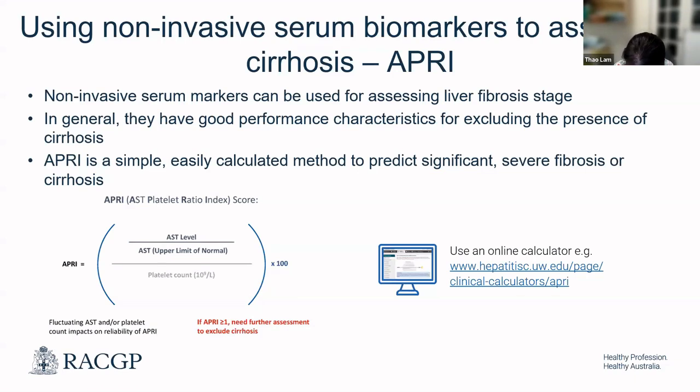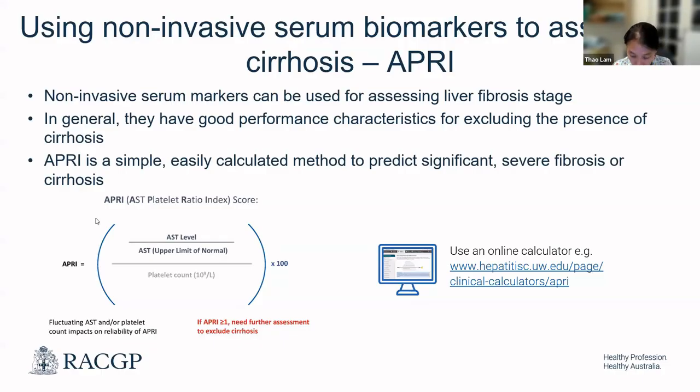So we recommend that you use the APRI score in combination with other non-invasive markers of fibrosis if possible. If someone's APRI score is greater than 1, please use a second assessment tool to exclude cirrhosis. This could be the FibroScan or shear wave elastography if that's available for you.